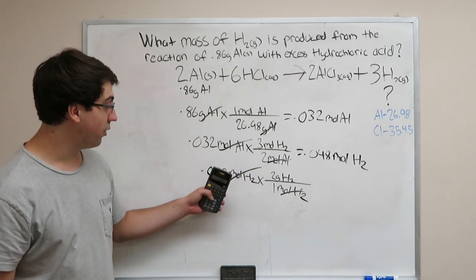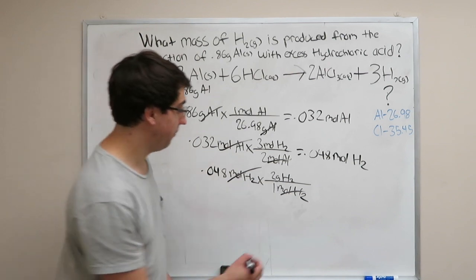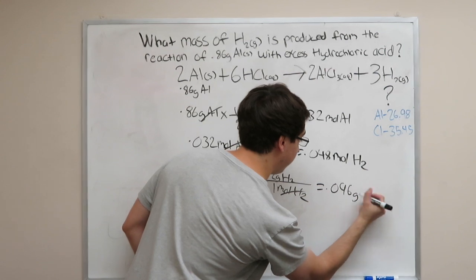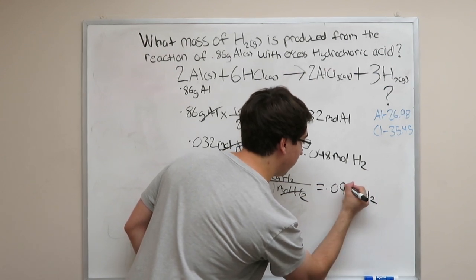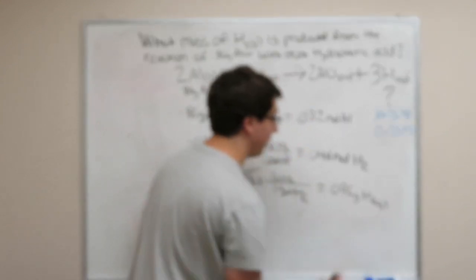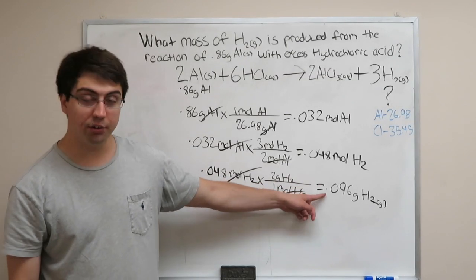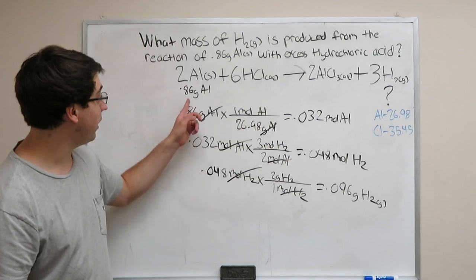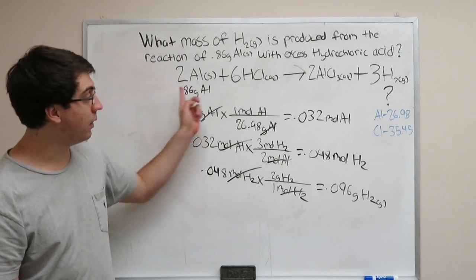And we just take the 0.048 and multiply by 2. And we can now see that 0.096 grams of hydrogen gas is produced from 0.86 grams of aluminum following this equation.